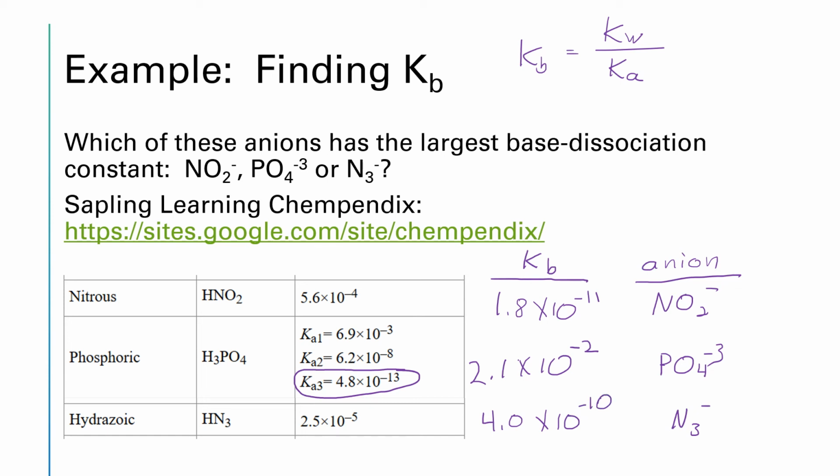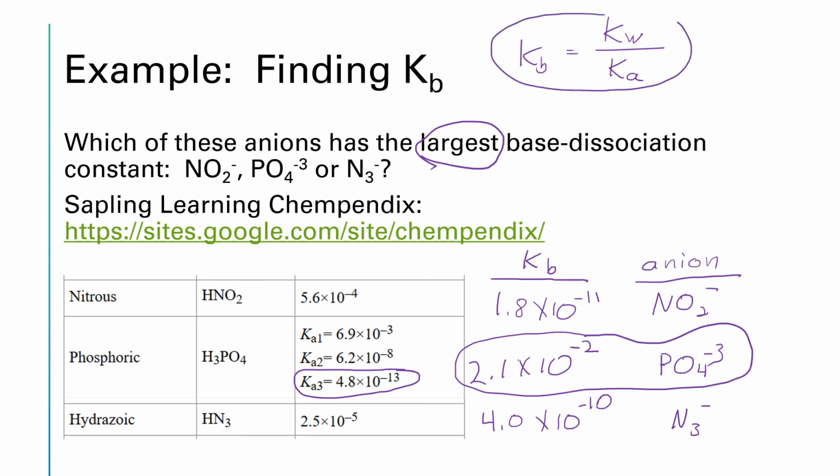Okay, we're looking for which of these has the largest Kb. So the largest of these values is for the phosphate ion with the 2.1 times 10 to the negative 2. However, we could have gotten there by looking just at the Ka values and recognizing that there's an inverse relationship specified by this equation at the top of the page.